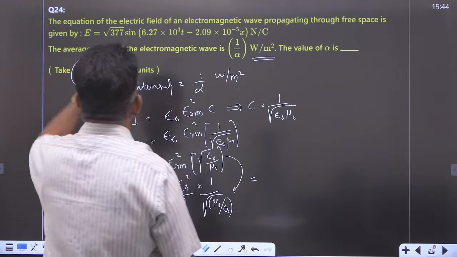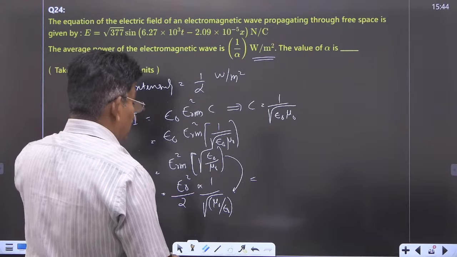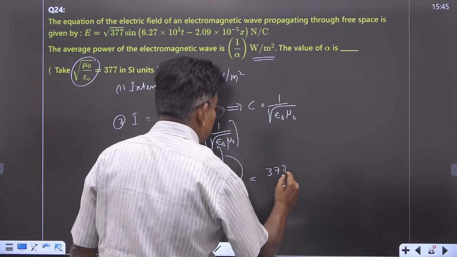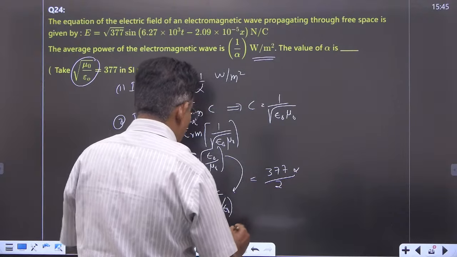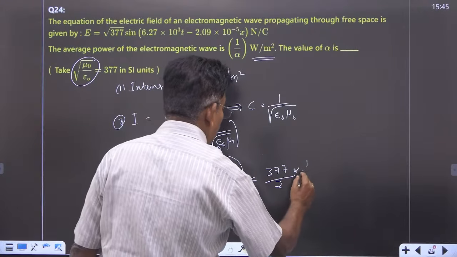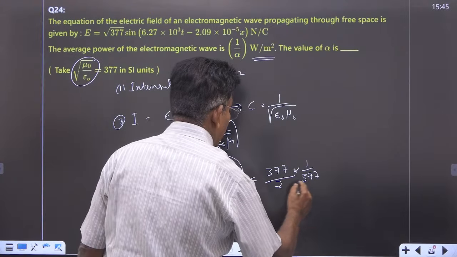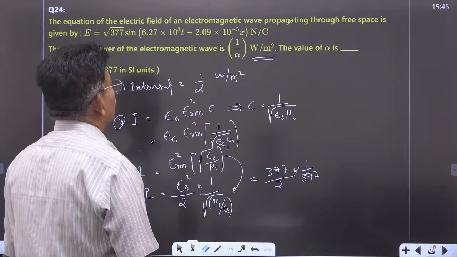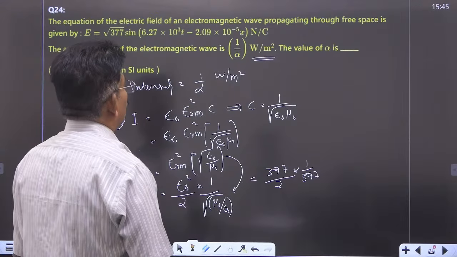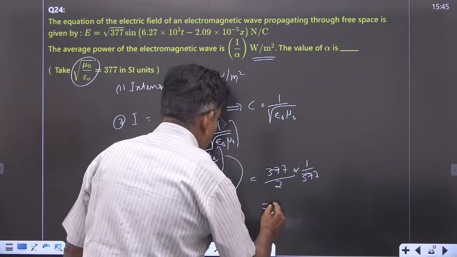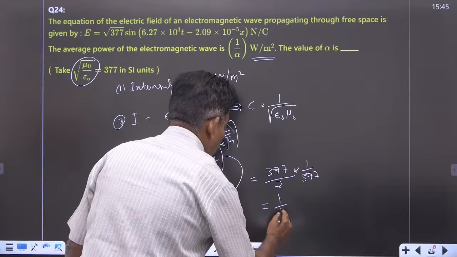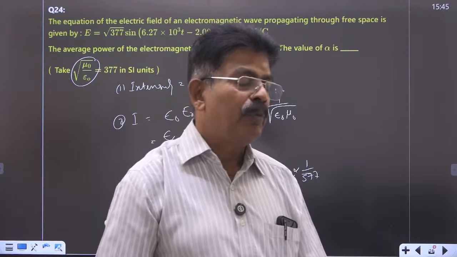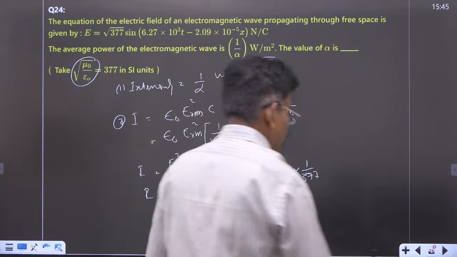Now, what is E0 given to you? Root of 377, and its square will be 377 divided by root 2, into the value of this, which is 1 by 377. The 377 gets cancelled. We are getting intensity is equal to 1 by alpha, and 1 by alpha is coming to be 1 by 2. So alpha is coming to be 2. Okay, now we go to the next question.